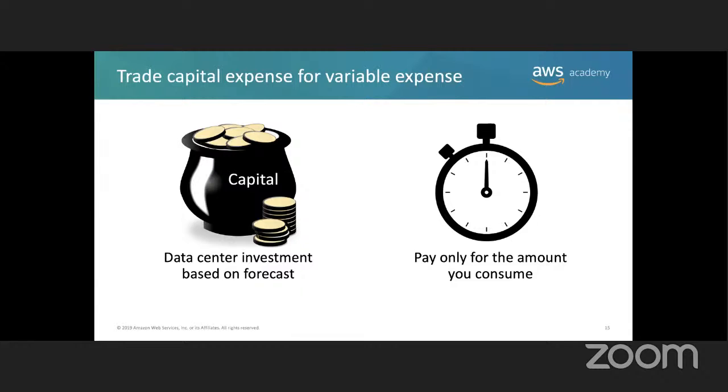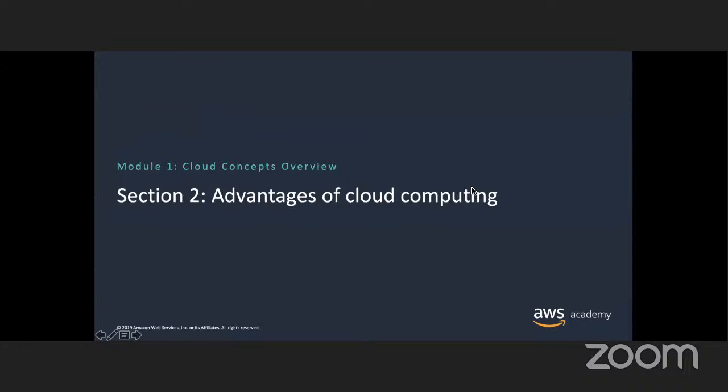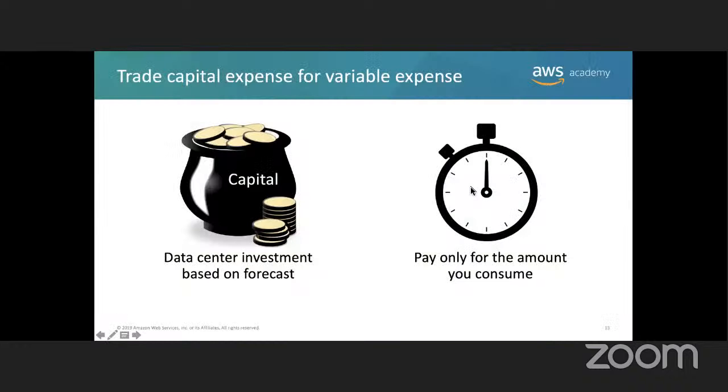Now, by contrast, a variable expense is an expense that the person who bears the cost can easily alter or avoid. Okay, that's a variable expense. You can alter that or avoid it. Okay? Instead of investing heavily in data centers and servers before you know how you will use them, you can pay only when you consume resources and pay only for the amount you consume.